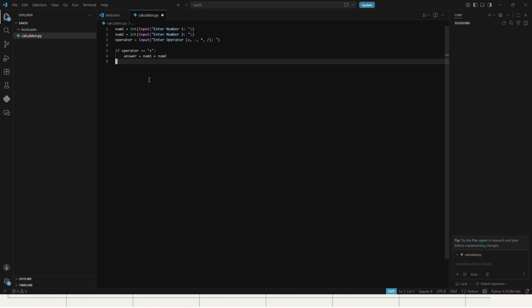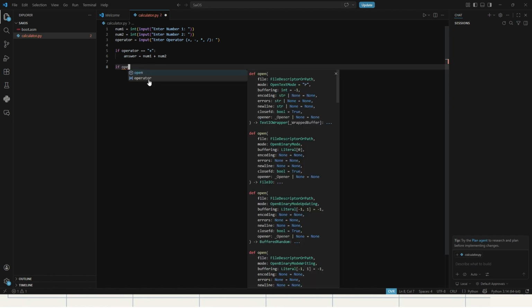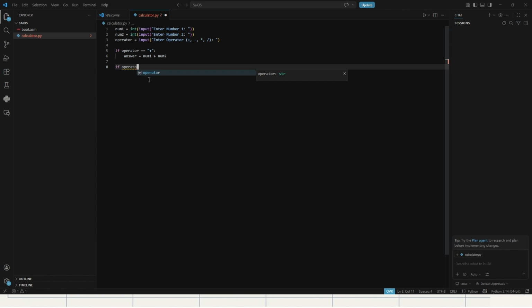Understood? Do that for every operator. If operator double equal to, which is for checking, subtraction, then while doing subtraction, will we take the big number or small number?